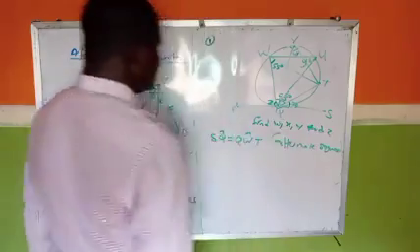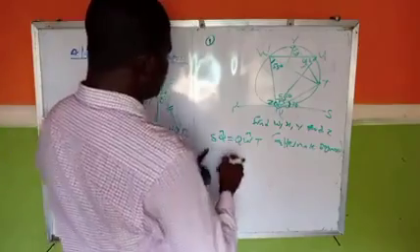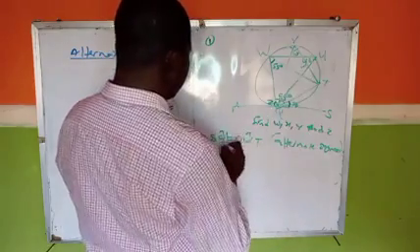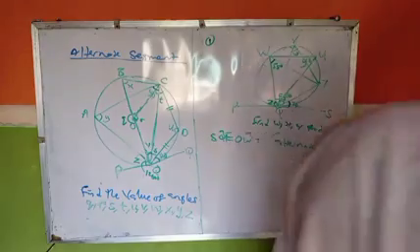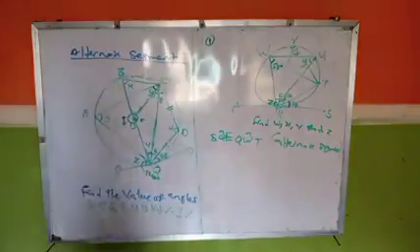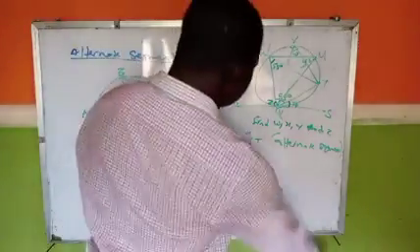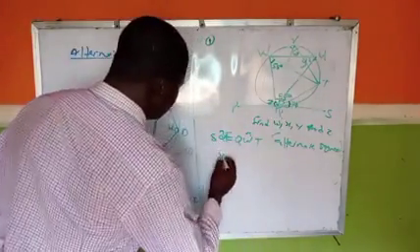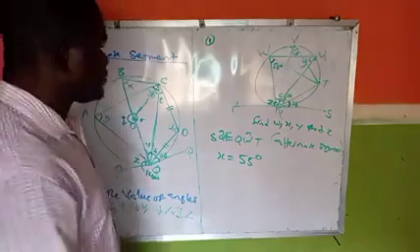That is, this angle equals this angle. Therefore, angle SQT, that's x, equals 55 degrees. That's the answer.